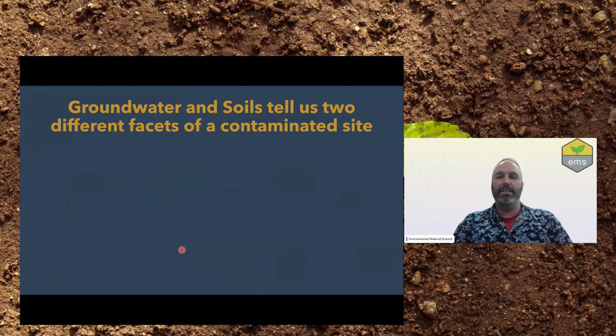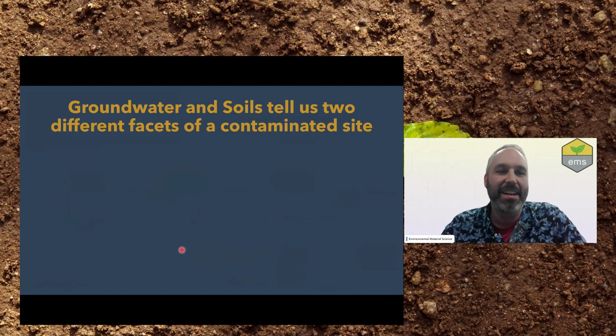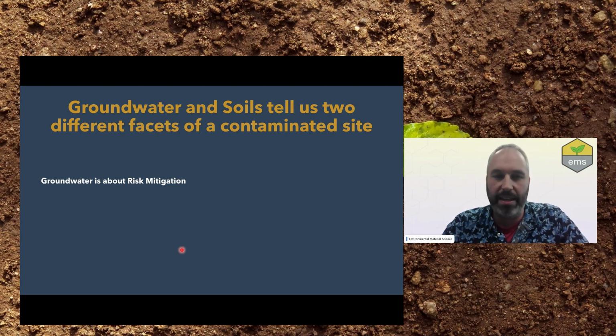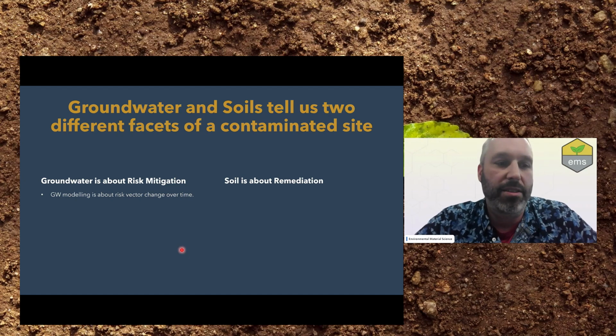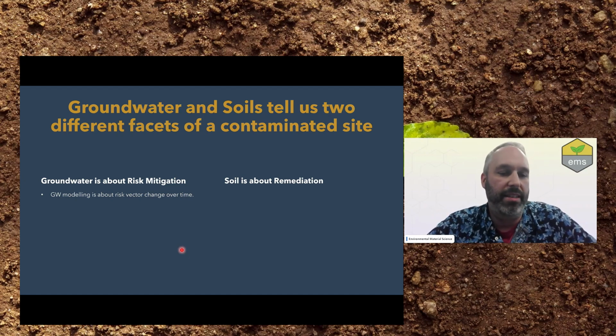Okay, so this brings us to unearthing the mystery of, well, what the heck is the title of this presentation? Groundwater and soils tell us 2 different facets of a contaminated site. It boils down to groundwater being about risk mitigation and soil being about remediation. Groundwater is the vector that will allow that product release to move within a site or off a site, so that's your risk vector.